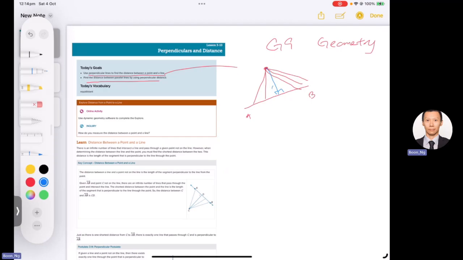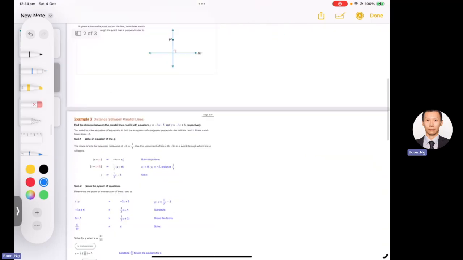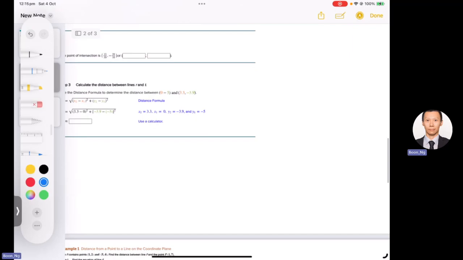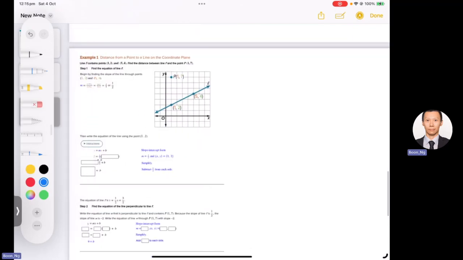This line, the blue line, will be perpendicular to line AB. Essentially, that's what this statement is. The rest, I don't think is important, and we will go through example one first.